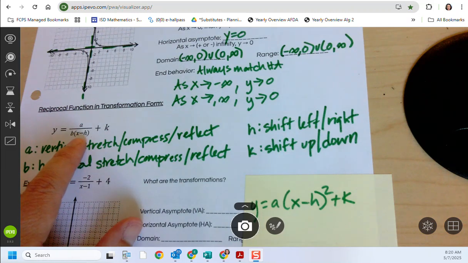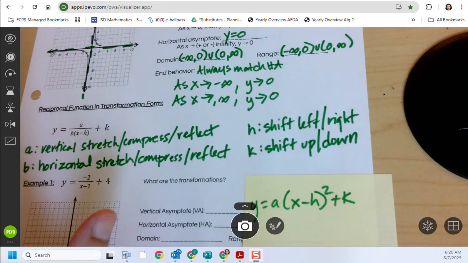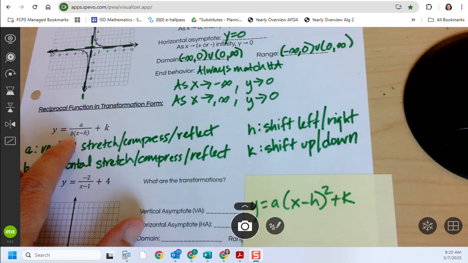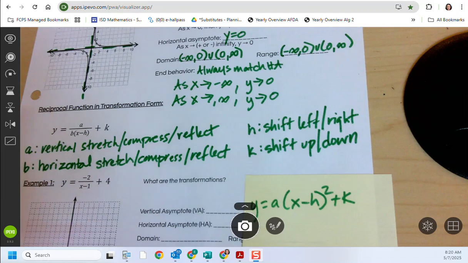It happens inversely. Anything that happens to the X happens inversely. So also the B value, which, like I said, we're not going to be using any B values, but just for the future, so you know, the B value also happens inversely. So if the B was like a 0.5, it would actually stretch you horizontally by 2. Okay, but we're not going to have those.